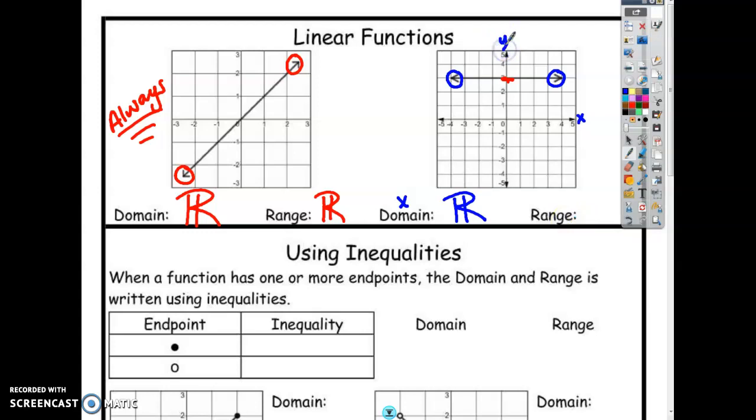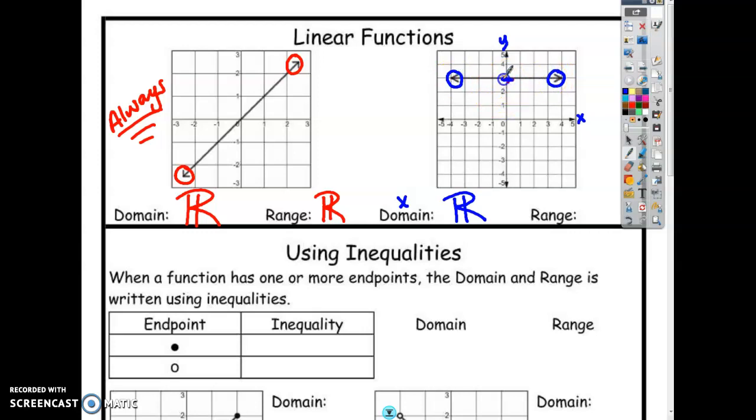My y line. Where does this linear function stay at? What number does it stay? What number does this line stay at? 3. It's going to stay at 3 forever and ever and ever, right? It's not going up and it's not going down.